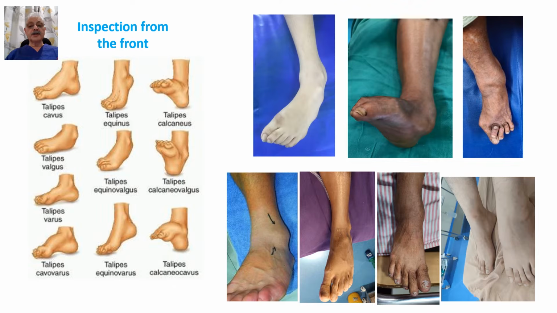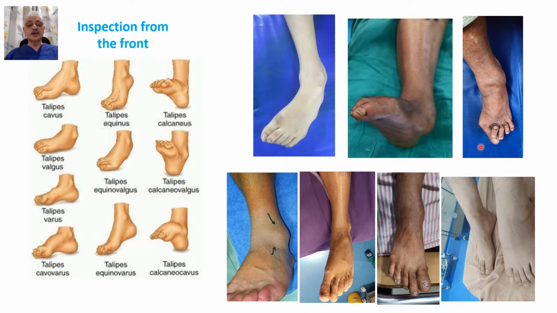And in the front, I try to notice the various deformities in the region of the ankle and the forefoot. And here you see the equinovarus deformity and then the valgus deformity. And here you can see the deformity of the toes, which can be realized in inspection from the front.